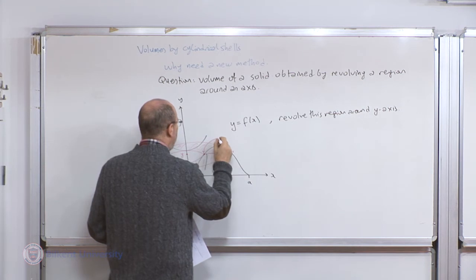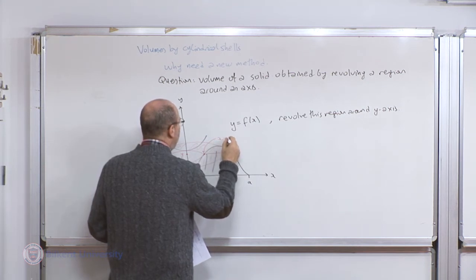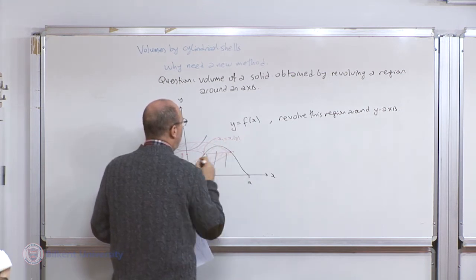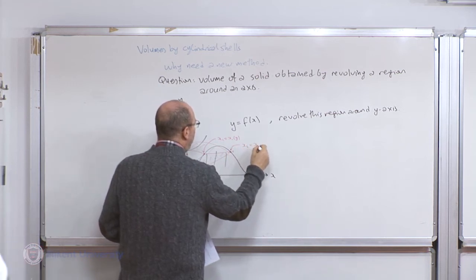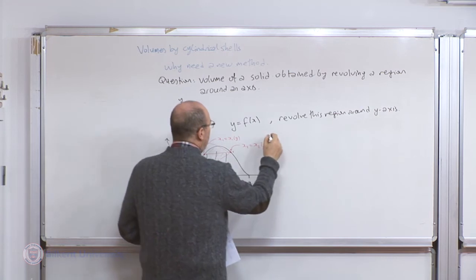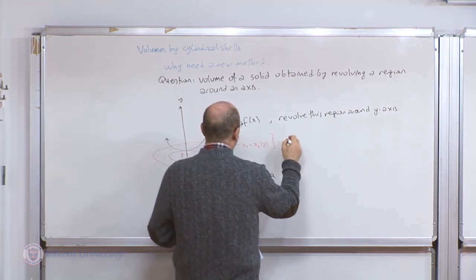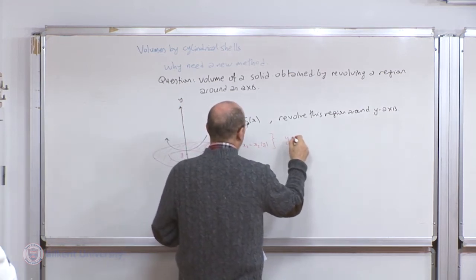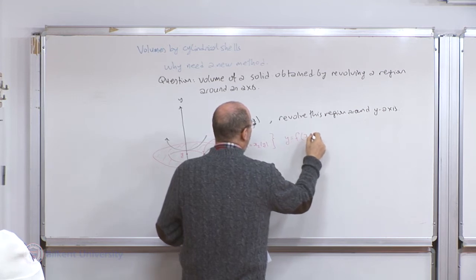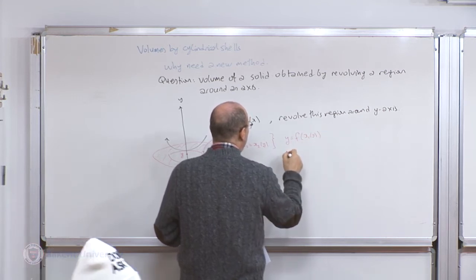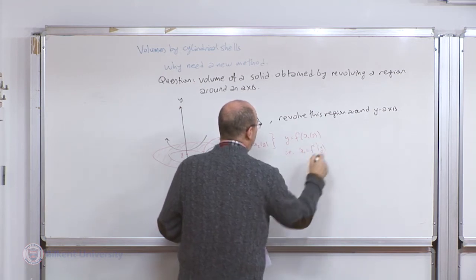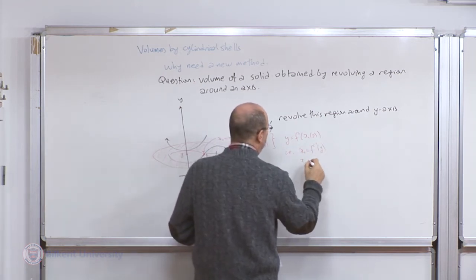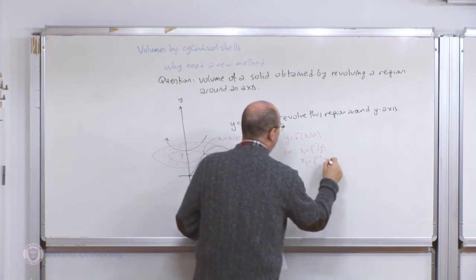So this point is x1, which is a function of y, and this point is x2, which is again a function of y, such that y equals f of x1 of y. So x1 is f inverse y, and also x2 is f inverse y.